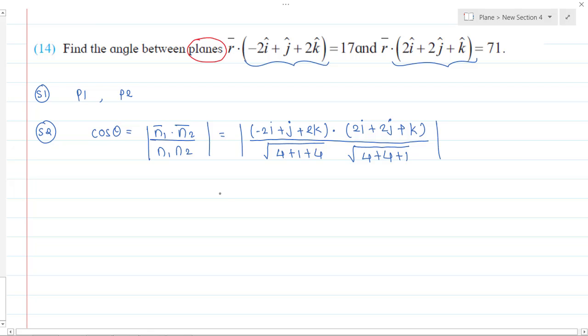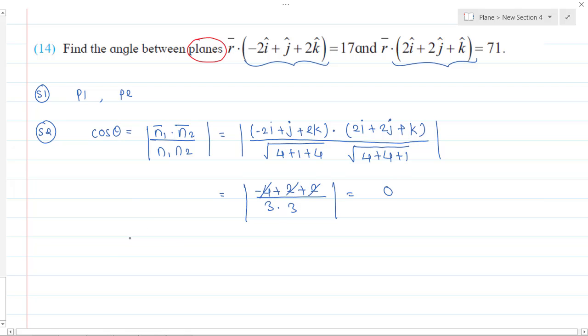In the modulus, minus 2 into 2 is minus 4, 1 into 2 is plus 2, and 2 into 1 is again plus 2, whole divided by root 9, so the denominator is 3 into 3. And the best part is minus 4 and plus 4 equals 0.